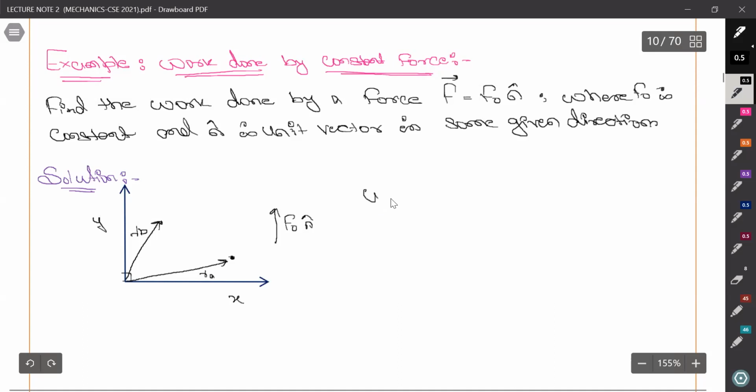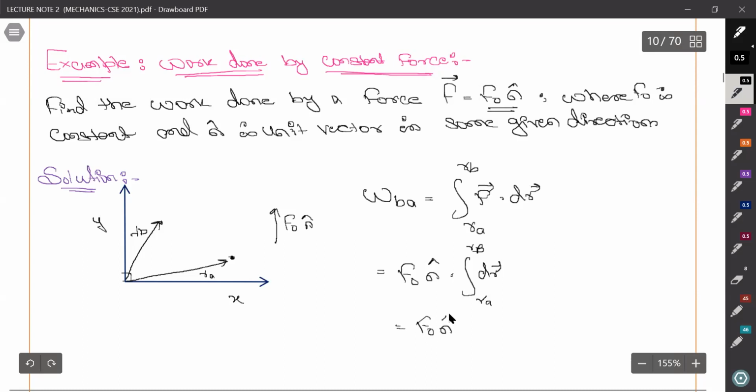We need to find the work done from A to B. So we can write F dot dr from Ra to Rb. F naught n cap is constant, we can take it out and integrate dr from Ra to Rb.